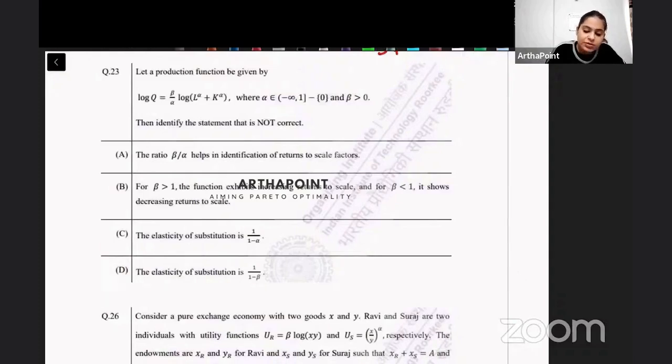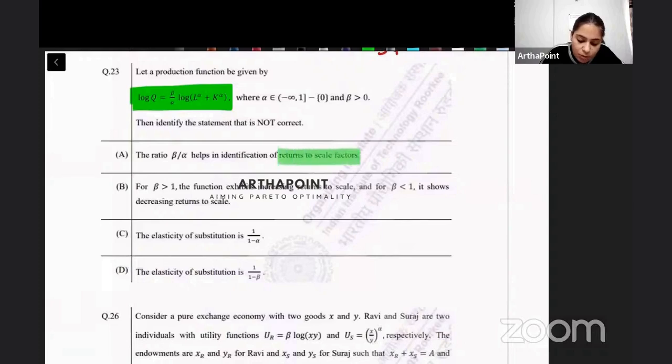I don't want to do this question directly in log form. If I do this question directly in the log form, I will never be able to talk about returns to scale. Doing lambda L, lambda K, all that will be very difficult.